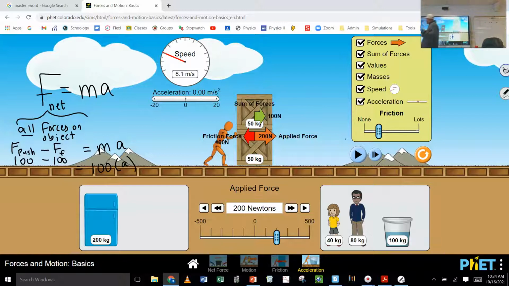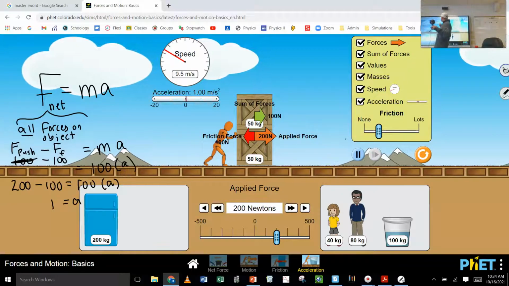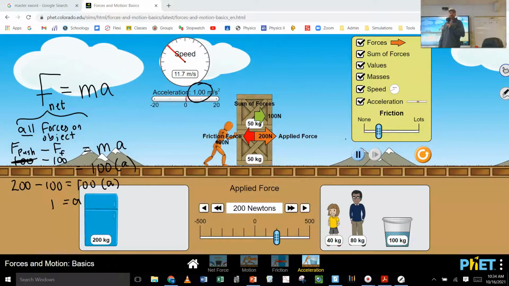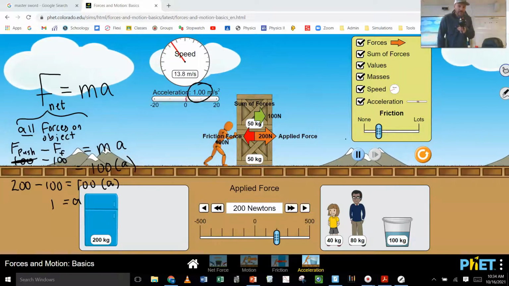Now my push force is 200, so 200 minus 100 equals my mass, 100, times my acceleration. So 200 minus 100 is 100. 100 divided by 100, that acceleration is equal to 1. Now this is going to accelerate. And you'll see there's my acceleration of 1 meter per second squared.